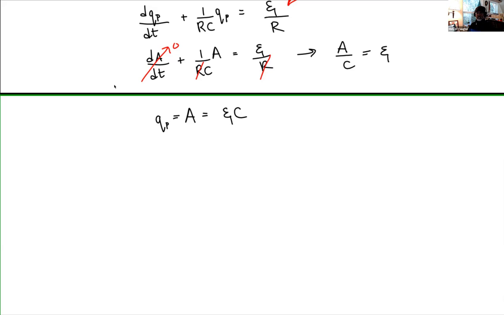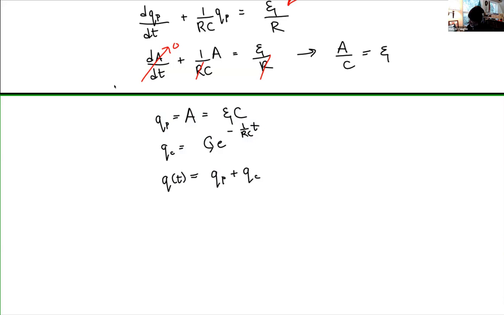Okay, let's put all of this together. So we said QC was equal to G e to the minus 1 over RCT. We said QP is equal to the product of the EMF and the capacitance. And we are also saying that our total solution is the sum of the particular solution and the complementary solution.